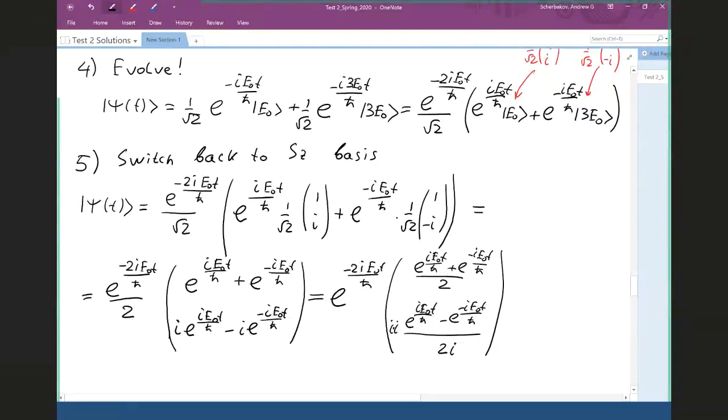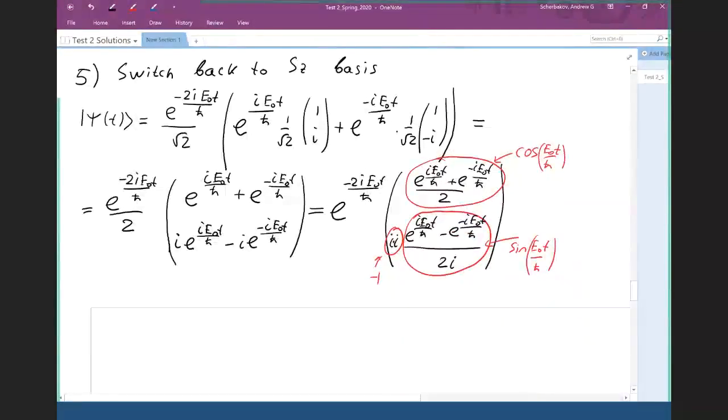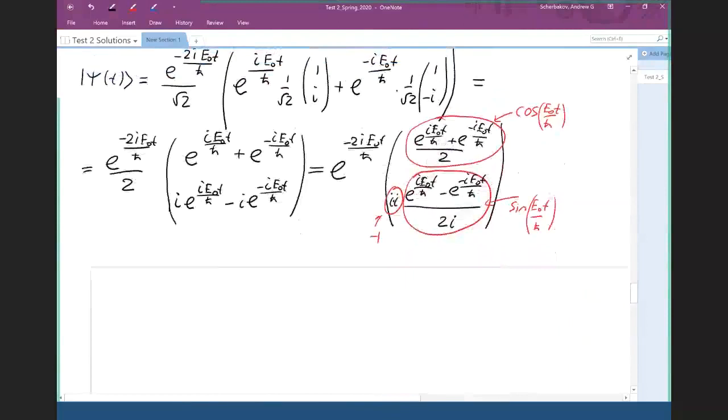All right. So now what is this? This is just the cosine of E naught t over h bar. Okay, this is just the sine of E naught t over h bar, and i squared is negative 1. You know that. So finally, I can write down my answer.